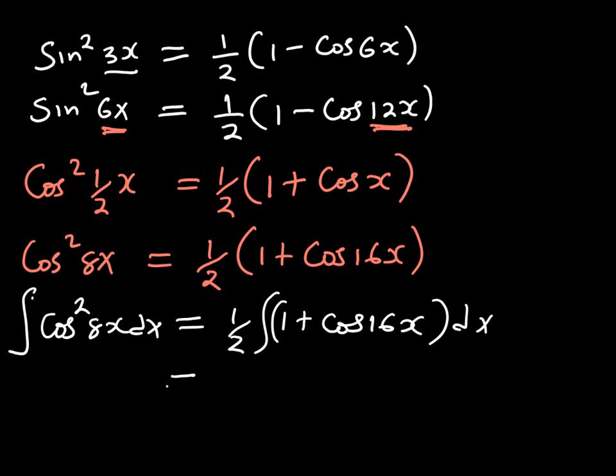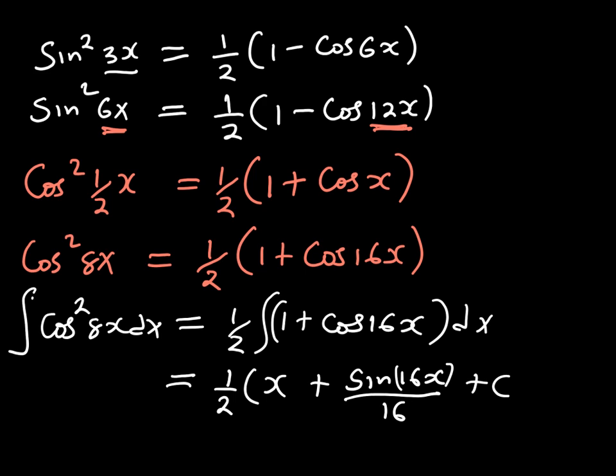Integrate it. And therefore, what do you get here? This is going to be a half of x. The integral of a cosine is always a positive sine, sine 16x, but don't forget to differentiate the angle and divide by that derivative. Then plus the constant of integration.